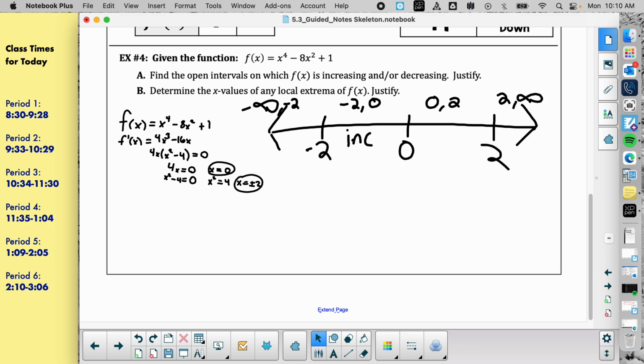Wait, do you want me to write just like increasing or decreasing? Oh, no, the test number, whether it's positive, negative. If you just write increasing on the test, it 100% will not get you any credit. But that means it's positive. I'm not arguing with that fact. I'm arguing with how you got that. On the test, we just have to write out what our test value was, and then say positive, negative. I'm not even looking for an answer because you're not going to be using a calculator.